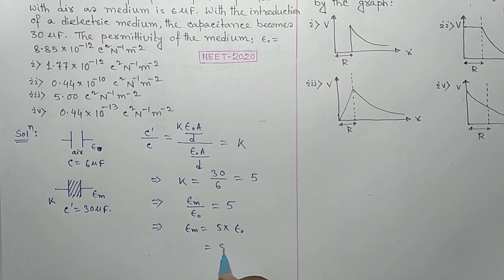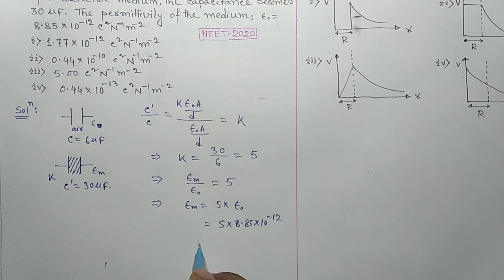It is equal to 5 into 8.85 into 10 to the power minus 12. So it is equal to 44.2 into 10 to the power minus 12. Unit is Coulomb square per Newton meter square.